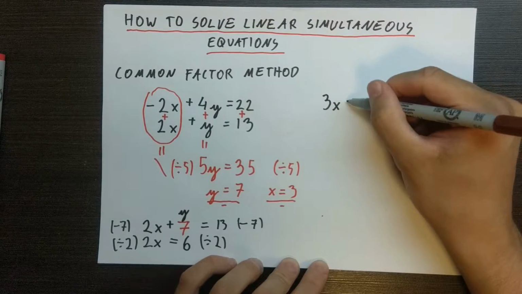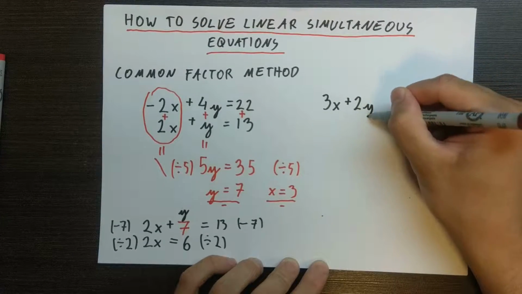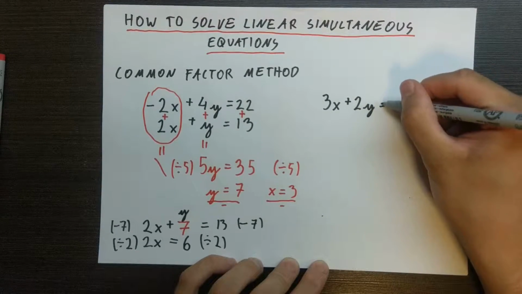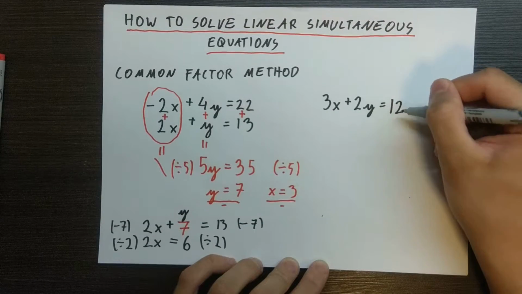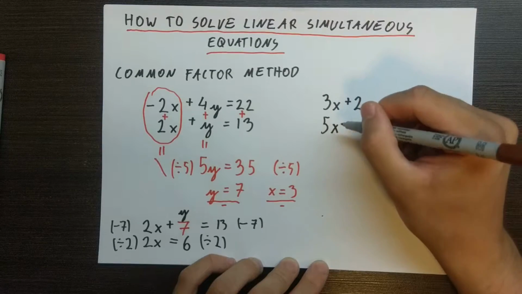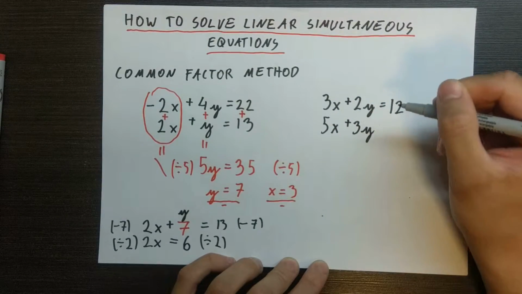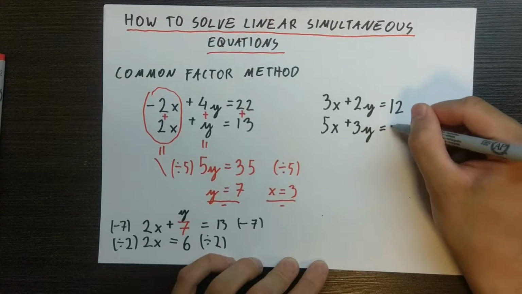3x plus 2y equals 12. And another simultaneous equation will be 5x plus 3y, which is equal to 19.